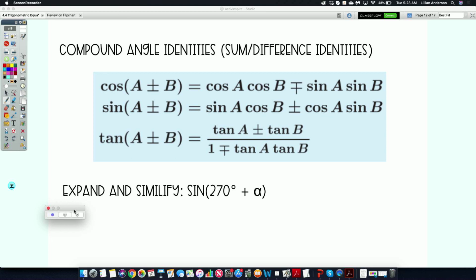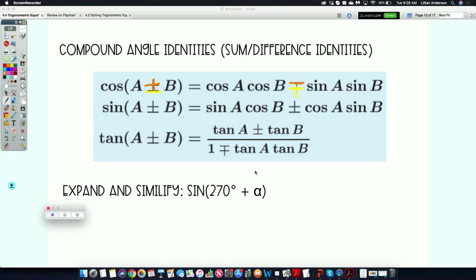So cosine of A plus B is equal to cosine A cosine B minus sine A sine B. But when it is cosine of A minus B, it's cosine A cosine B plus sine A sine B. Does everybody see how the symbols go? The stacking shows you which one goes with which. All right?